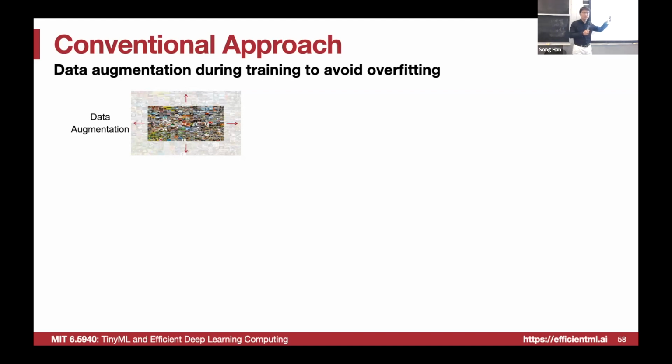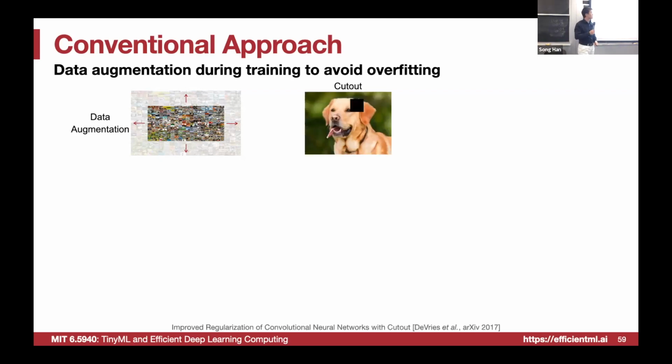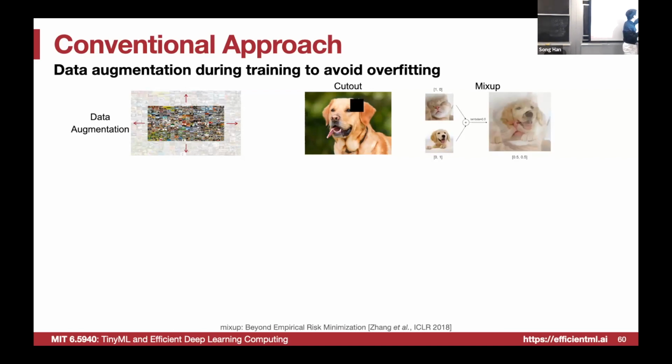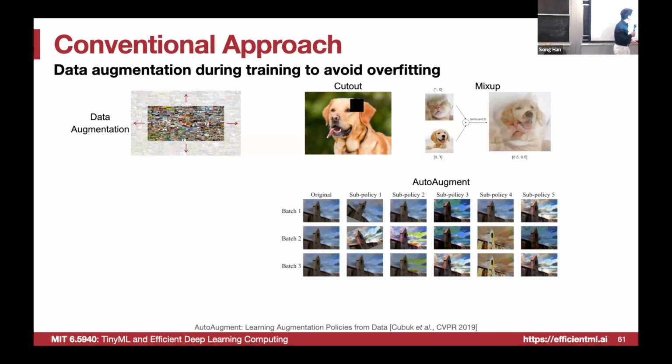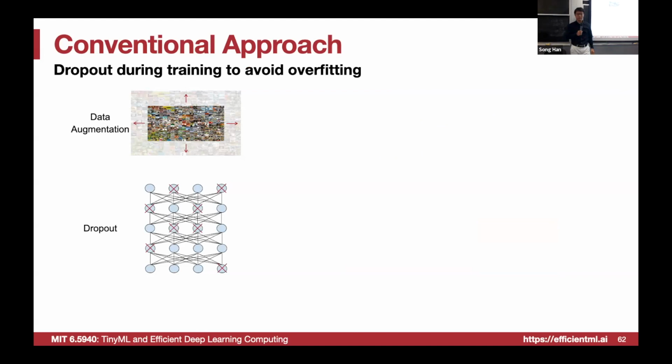If the model is pretty big but we don't have enough data, we can do data augmentation: cut out a certain region, mix up, auto-augment the tint and color, do rotation, crop, and automatic combinations of them. Dropout is another concept to prevent overfitting.